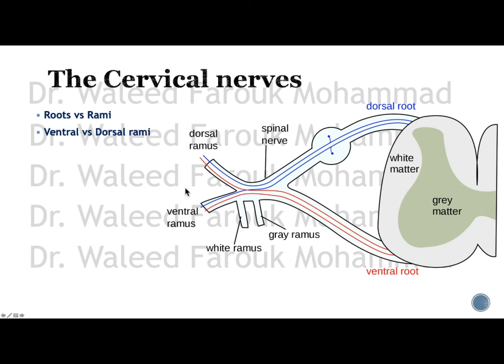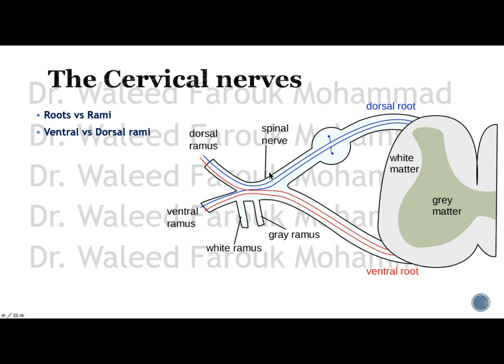Now let's talk about cervical nerves. Doctors, please note that I said cervical nerves, not cervical plexus. Nerves is a more general term, cervical nerves. Any cervical nerve, any spinal cord nerve, the typical spinal nerve, arises by a ventral root and a dorsal root. This is inside the canal, the vertebral canal.